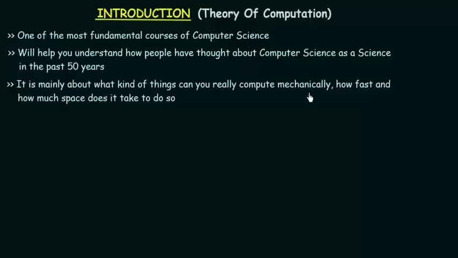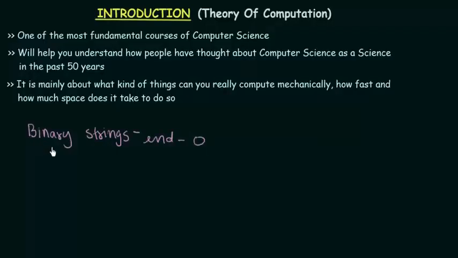So to make this point clear, let us take a simple example. So let's say I want to design a machine that accepts all binary strings that end in 0.